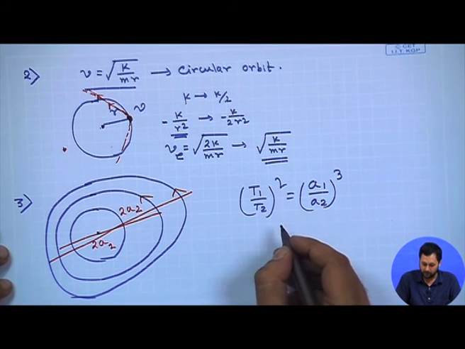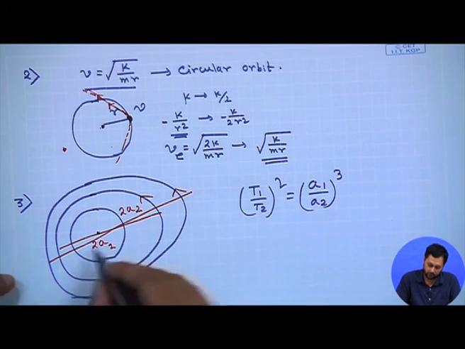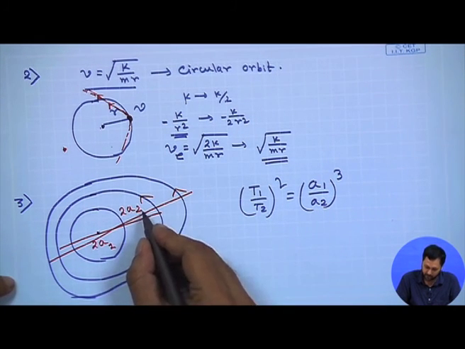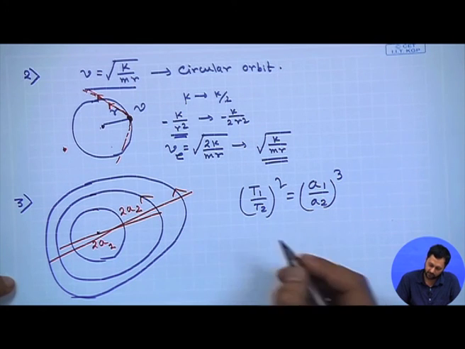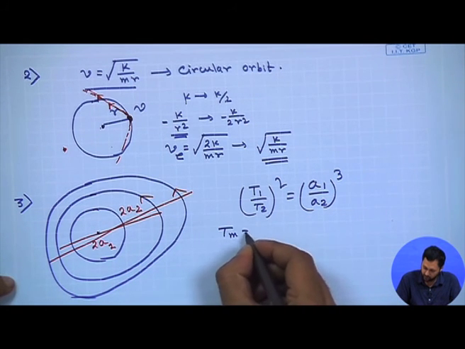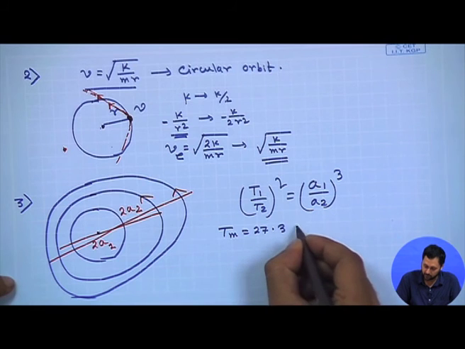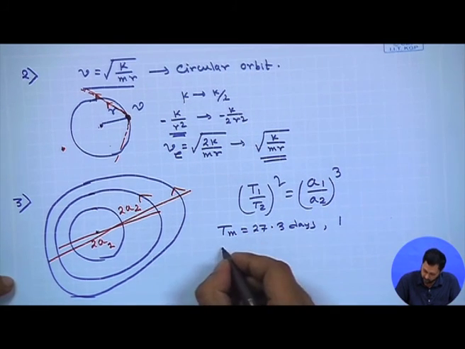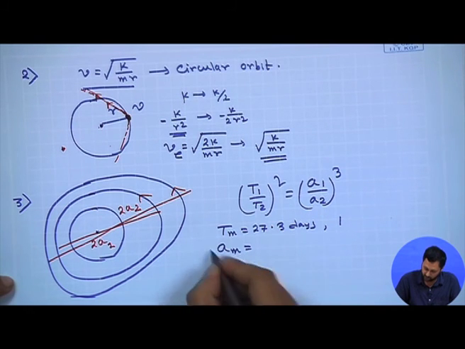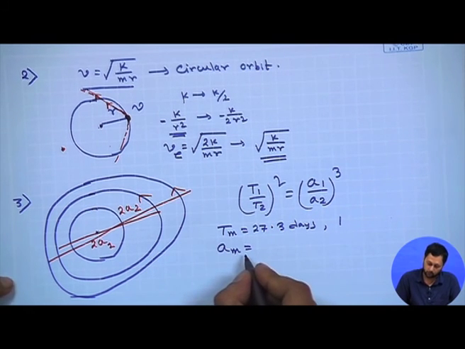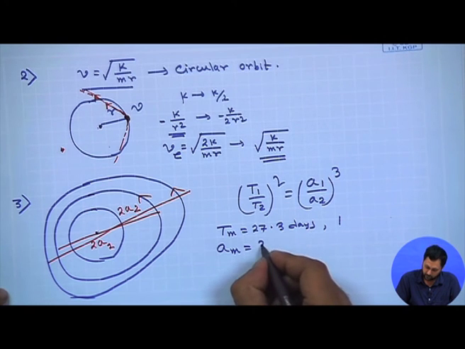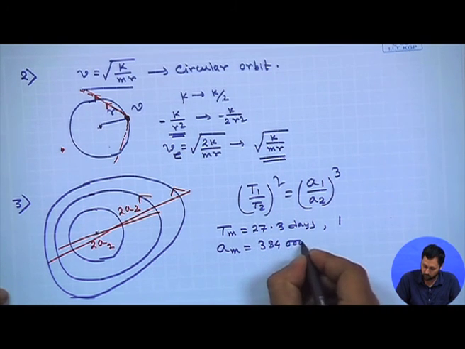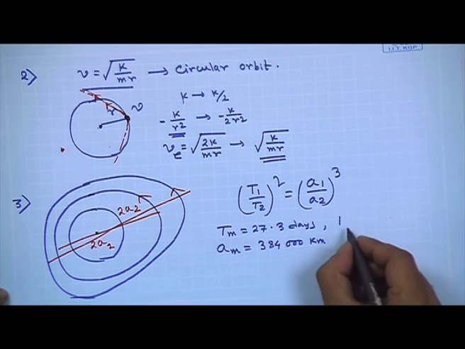Now, what is given here is the length A of the orbit for the moon and the time period. So, Tm is given as 27.3 days, and Am, which is the average distance of Earth to Moon, is given as 384,000 kilometers. Okay.